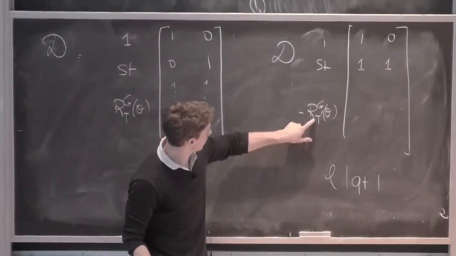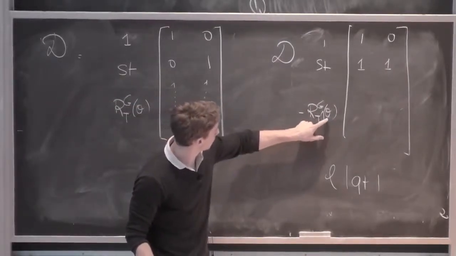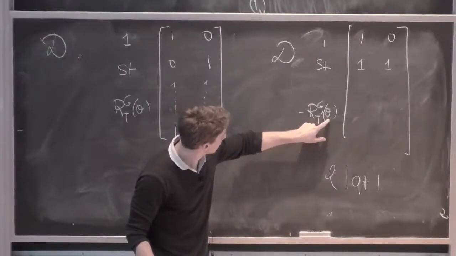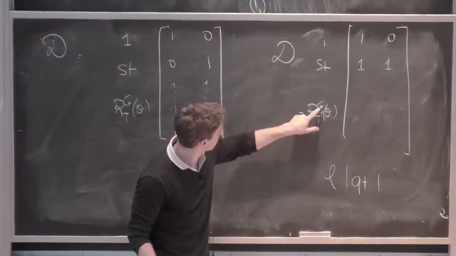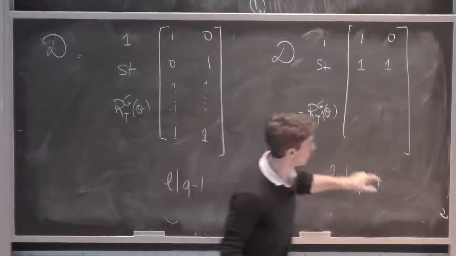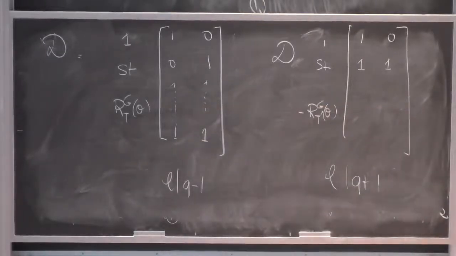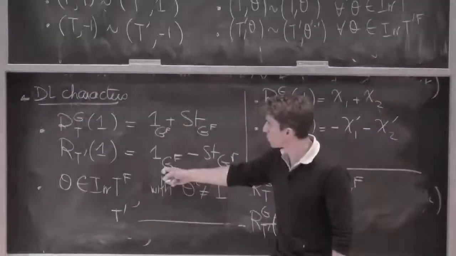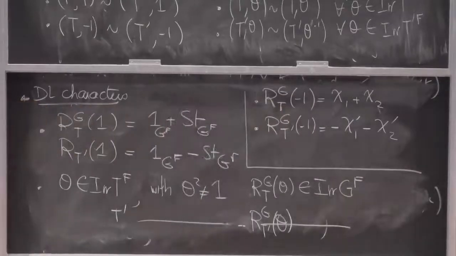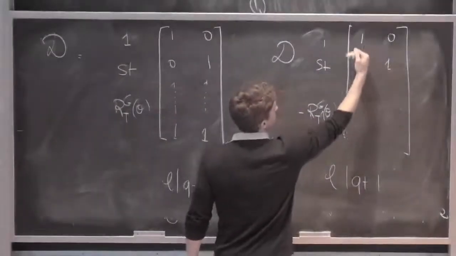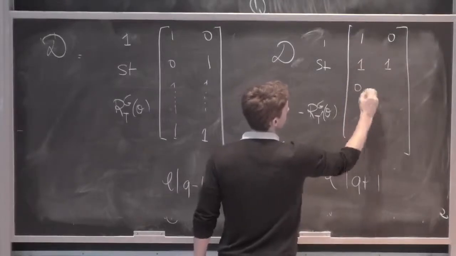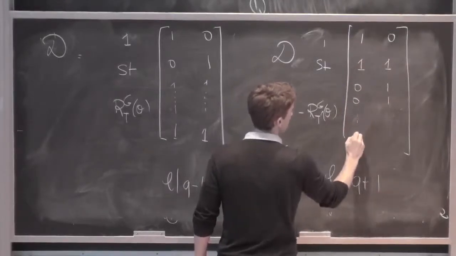And if you look now at what happens on this one, when theta becomes 1, you have minus R_T'^G of 1, which is Steinberg minus the trivial. And Steinberg minus the trivial, what is it? If you take the difference of the two rows, you get 0, 1, 0, 1, and so on.